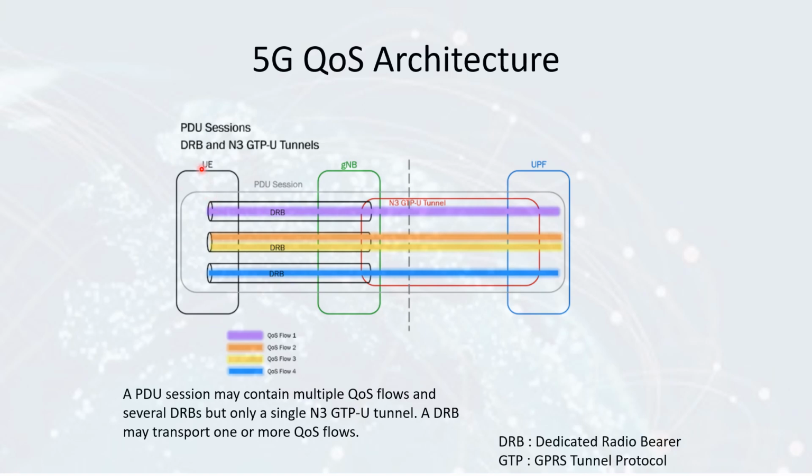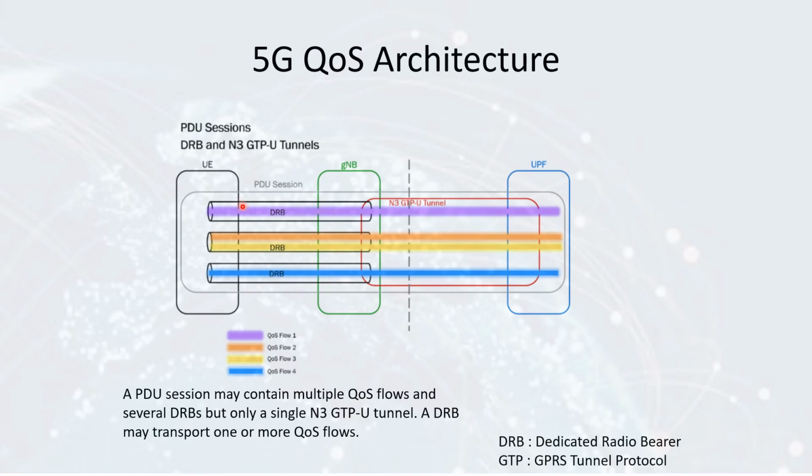Between the UE and gNodeB, there are three data radio bearers, and within the data radio bearers there are quality of service flows. For example, in this DRB there is QoS flow 1, and within this second DRB you have two QoS flows, say QoS flow 2 and 3, and the third DRB contains one QoS flow 4.